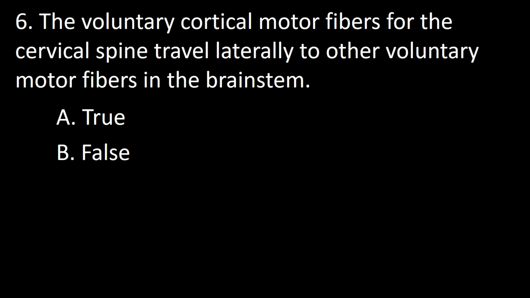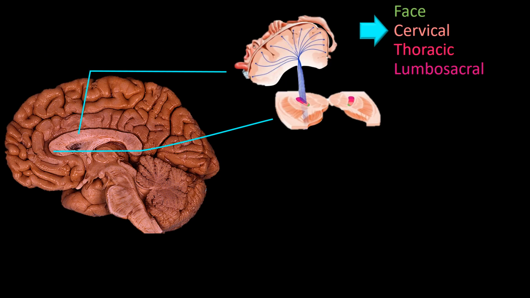Next question. The voluntary cortical motor fibers for the cervical spine travel laterally to other voluntary motor fibers in the brainstem. A true, B false. The cervical fibers, which, as we previously mentioned, include the fibers for the upper limb, are dorsal to the facial fibers. We find the thoracic fibers more dorsally.